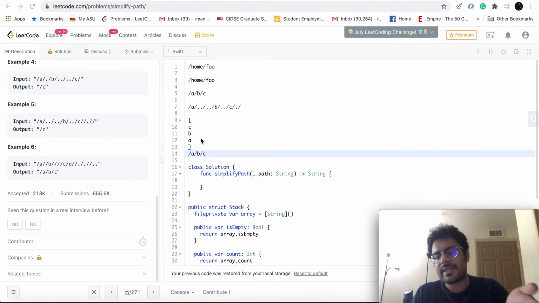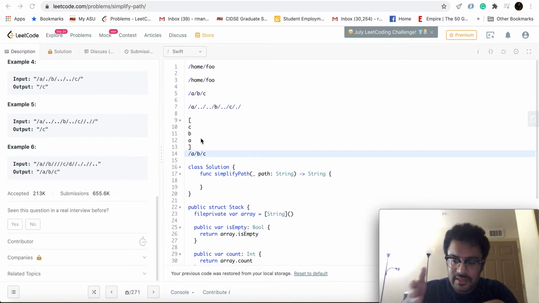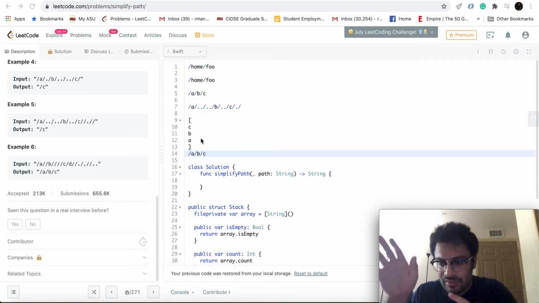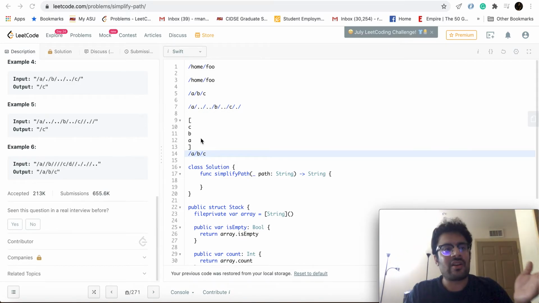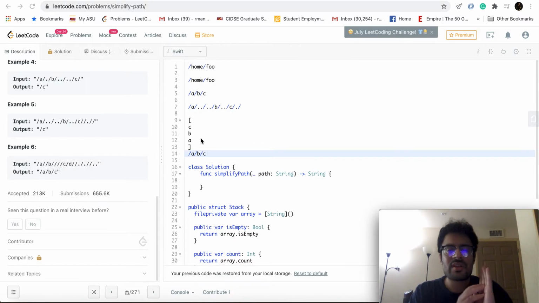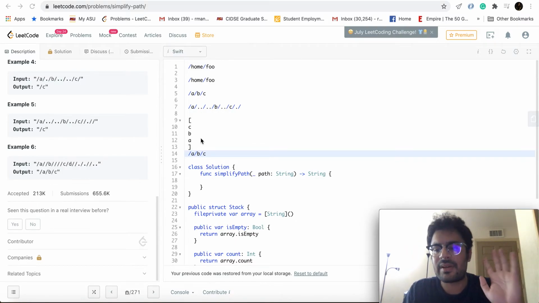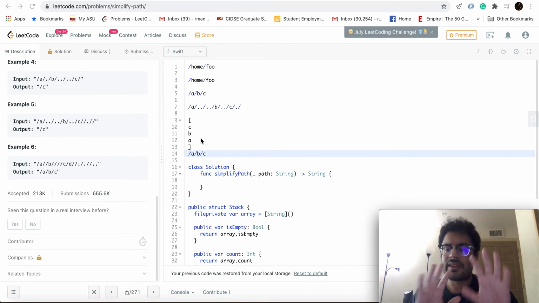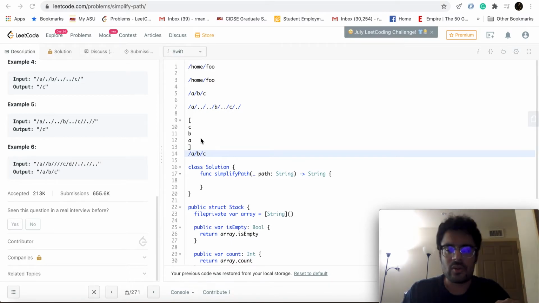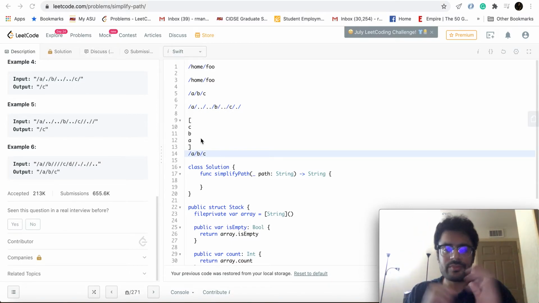That basically means that we'll also have to reverse the contents of the stack, insert these forward slashes, then remove the forward slash at the end. Those are more implementation parts. That's the easy part, that's trivial. We'll understand that as we go. But as of now, I have covered the core concept of this problem, and now we are well equipped to begin coding. So that's what we'll do.